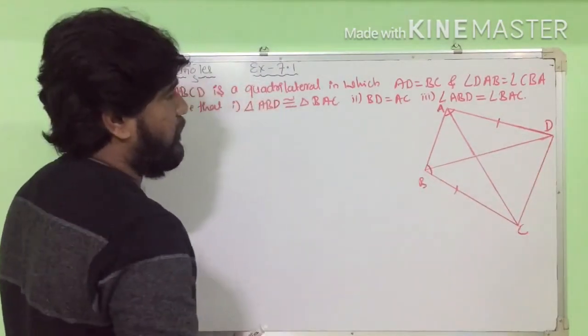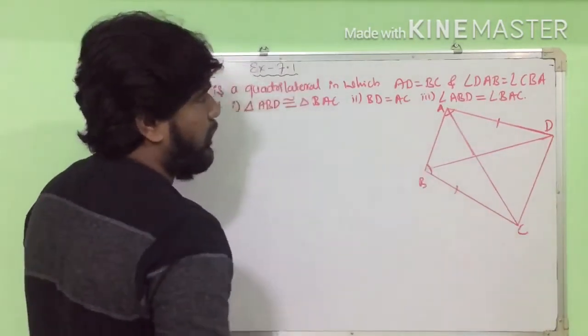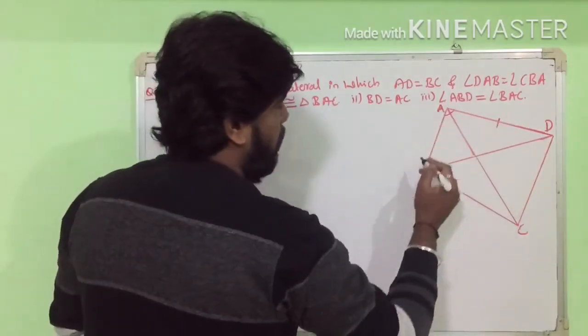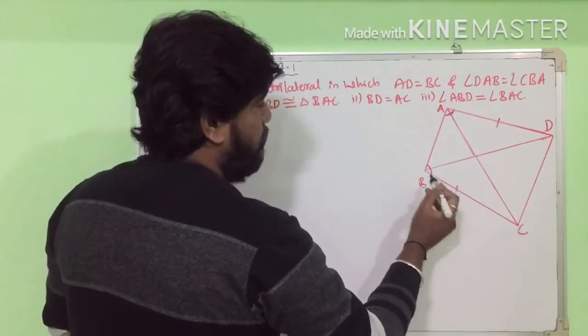So well students, the next problem, the second one: ABCD is a quadrilateral in which AD is equal to BC. They have given this, and also they have given the angle DAB is equal to angle CBA.